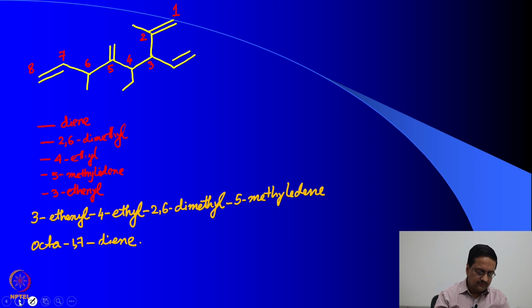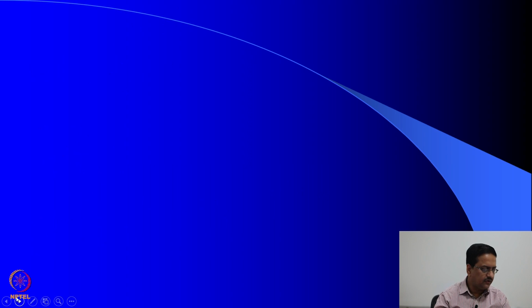Now, I would like to draw a different molecule where we have a cyclic ring system present. So, what we have is a cyclohexane moiety. Along with that, I have a slightly long side chain like that.